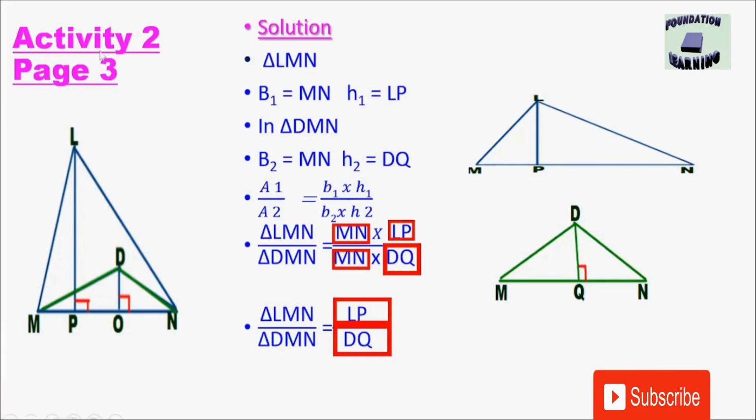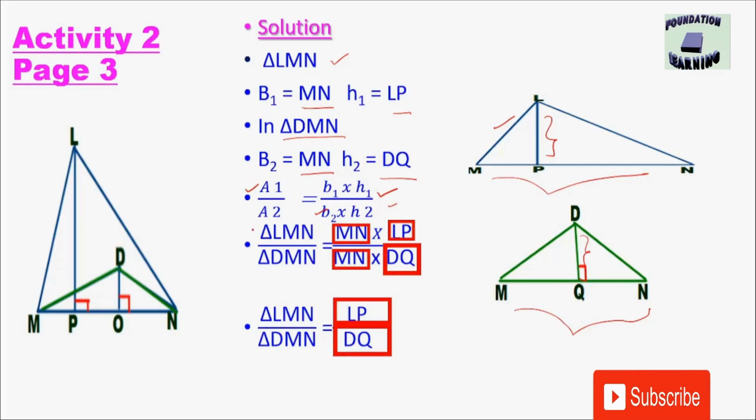So here once again we'll have a look. Triangle LMN, base is B1, which is MN, height is LP. In triangle DMN, base B2 is MN again, H2 is DQ. What is the formula? A1 upon A2 is equal to B1 into H1 upon B2 into H2.